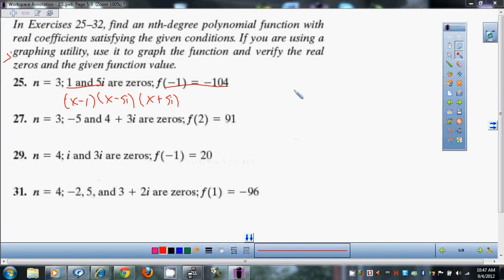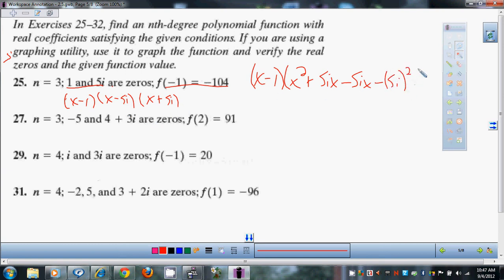Okay, foiling. Let's do the last 2 first. We're going to FOIL the last 2. So x minus 5i times x plus 5i, or however you want to write that: x squared plus 5ix minus 5ix minus 5i squared.